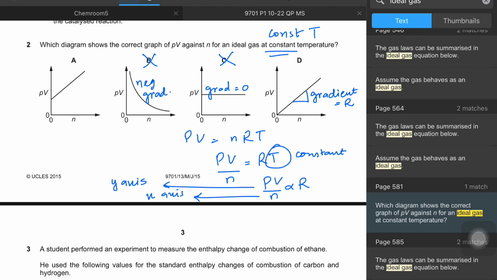If you increase moles, the volume has to increase. And A is wrong because at 0 mole, how can it have any volume at all? At 0 mole, 0 volume. So D for doctor is the right answer.